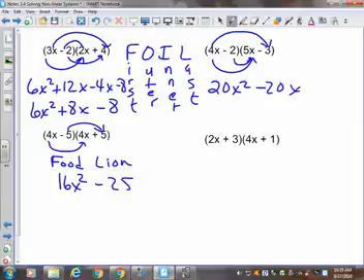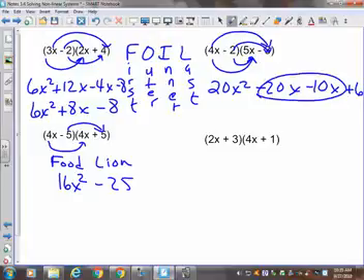What's my inner going to be? The 2 in the middle. Negative 10x. And what's the last in each parentheses multiply to give? Positive 6. So these two in the middle are both negative, so they add up to negative 30x.